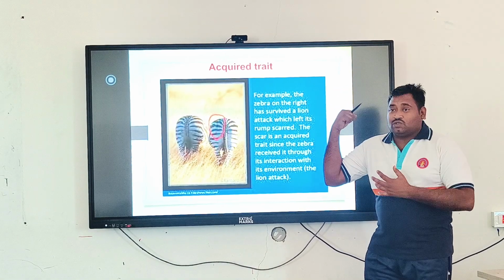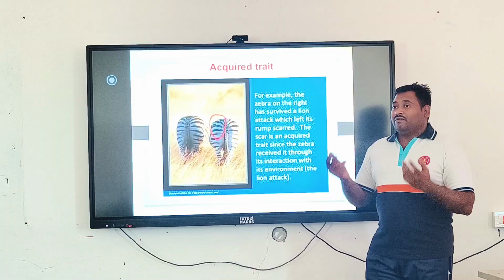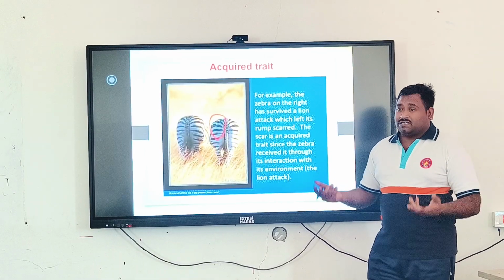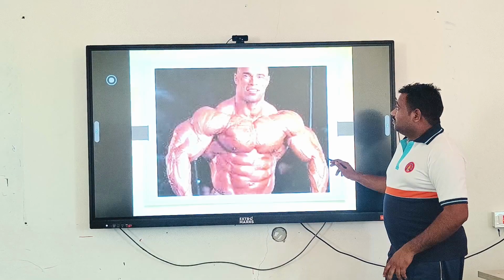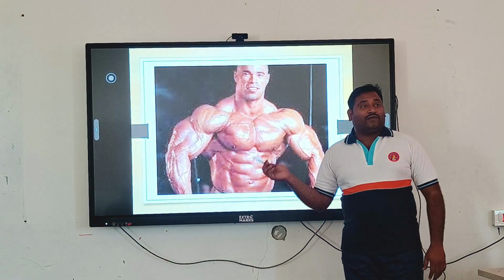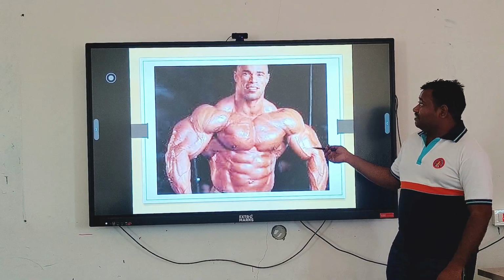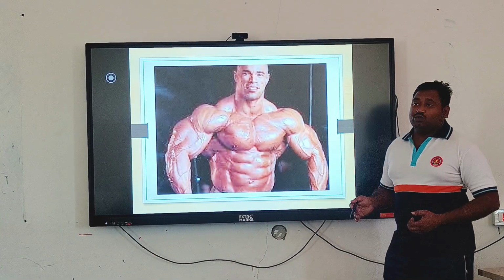Somebody's muscle is very strong. That is not hereditary. He has gained it by working in the gym or doing exercise. So these are acquired traits. Can you tell me whether this is hereditary or acquired? Acquired, because at birth it is not possible to have such huge muscles in the body.